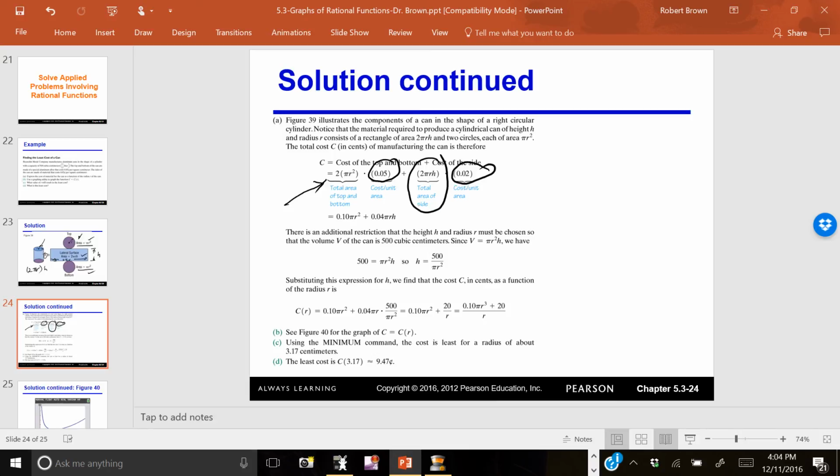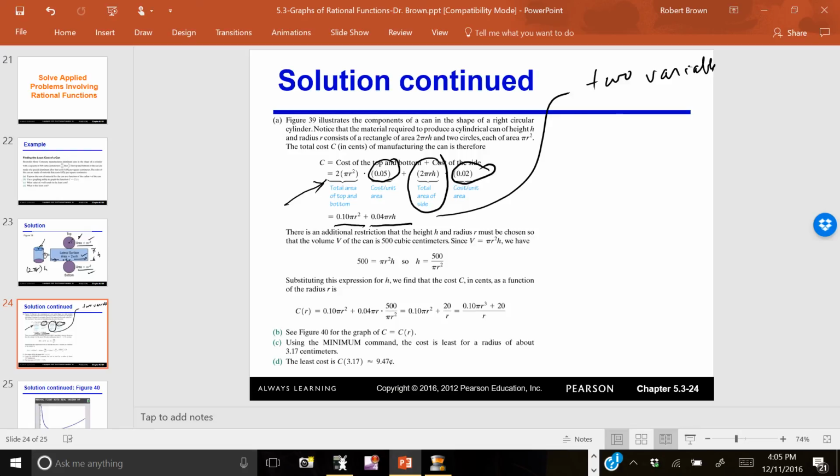So when we multiply this out, we get 0.1 pi r squared plus 0.04 pi r h. Well, this has two variables.